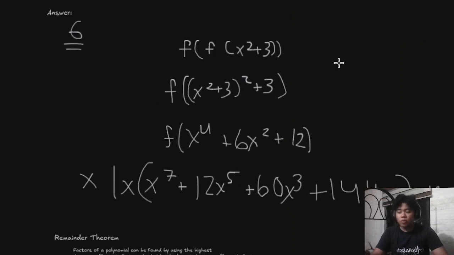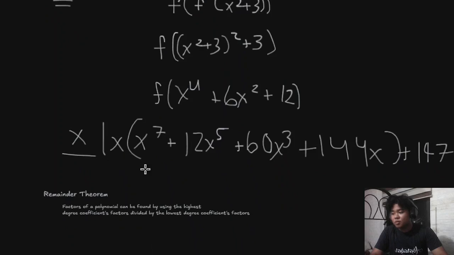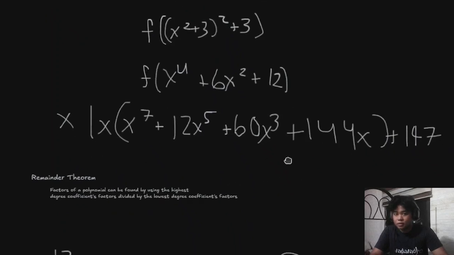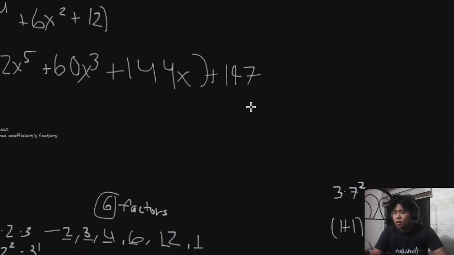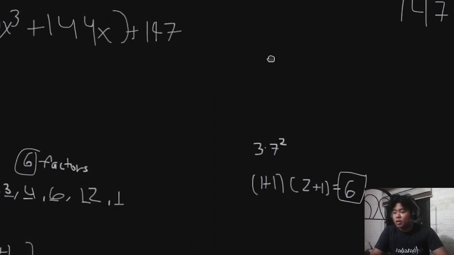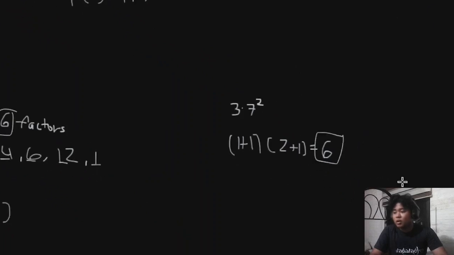So looking back, what we did is turn the expression into a univariate polynomial, and we said that it is divisible by x. Then we found the factors of 147 and counted how many factors it has, which is 6.